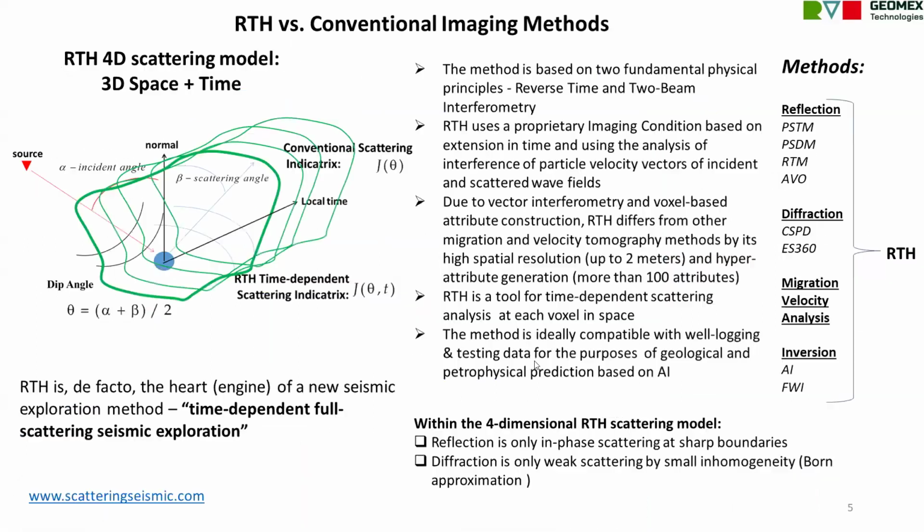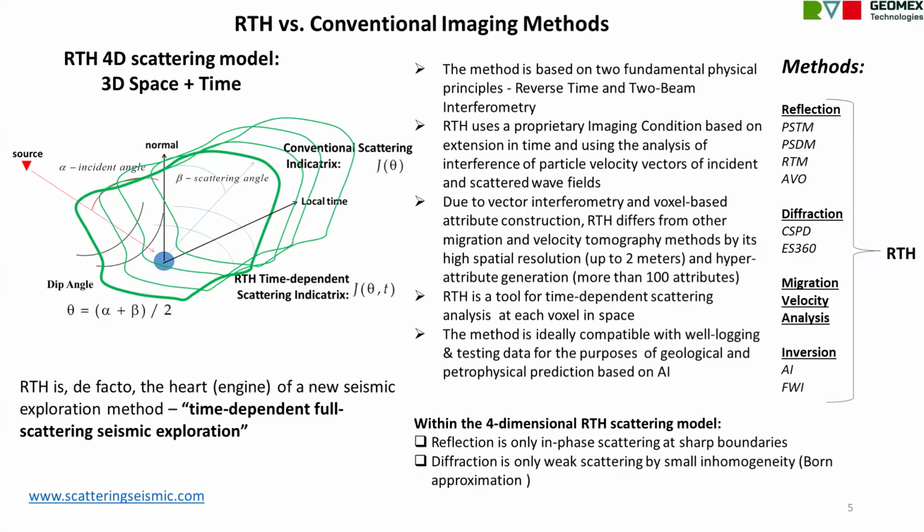What is a feature of reverse time holography compared with conventional imaging methods? RTH is de facto seen as a new seismic exploration method, time-dependent full scattering seismic exploration. Why? Because we use an extended scattering model, not 3D space but 4D space, 3D space plus time. So the indicators can change in space and in local time.